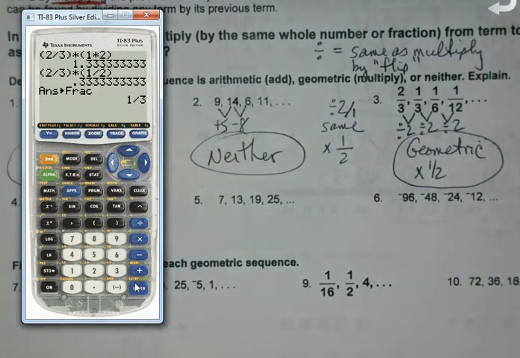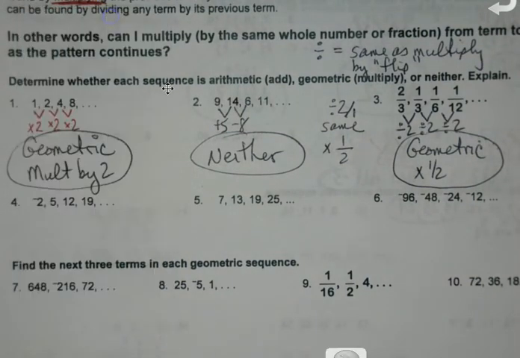If I were dividing by 6, it would be like timesing by 1/6. So I can sometimes get some weird geometric ones. There won't be a lot of them, but it's just one of those things. If nothing else seems to be working, try dividing by some number and see if that ends up helping, because that might be the pattern. So if it's divided by 3, it could be 1/3. Yes. Yep.